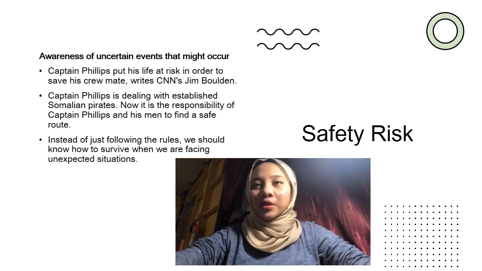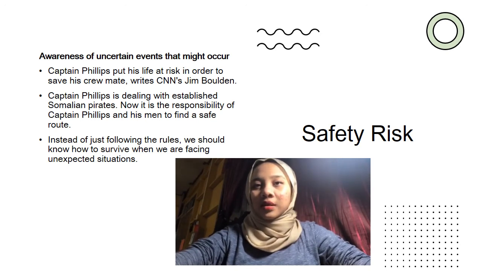Instead of just following the rules, we should know how to survive when facing an unexpected situation and not make rash decisions. In this situation, we can see that Captain Phillip followed the procedure given and did not make a rash decision just to save himself and others.